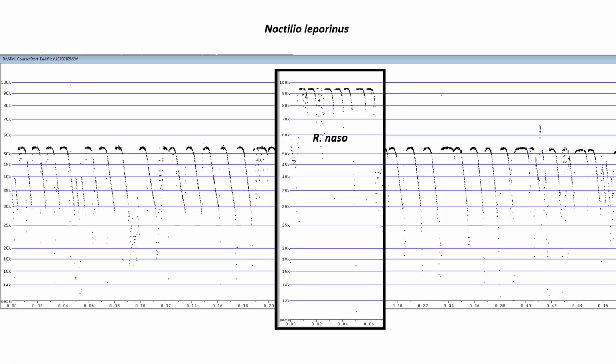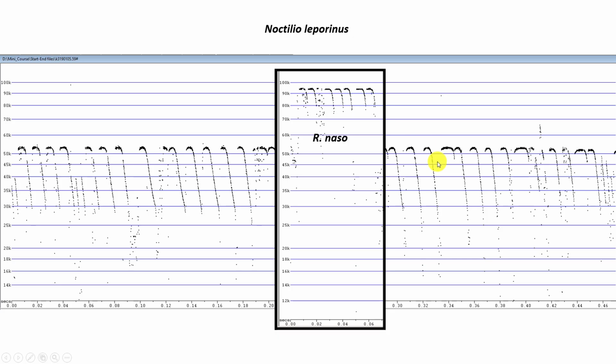Throw this in, and that's a whole separate topic, but since we're looking at similar call shapes, here's Rhynchonycteris naso, an emballonurid. Coincidentally, it also forages over water like Noctilio, but we're not going to go down that rabbit hole or go deep in the woods today on similar shaped calls.